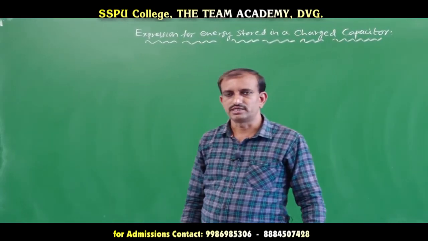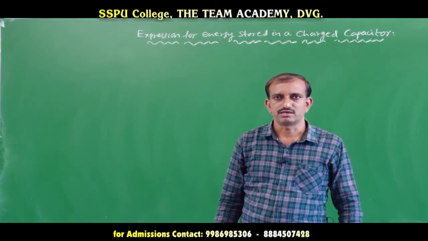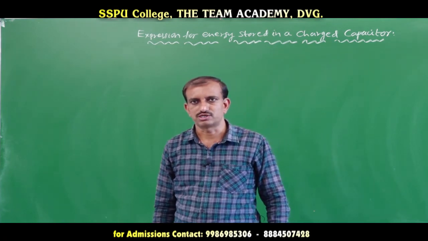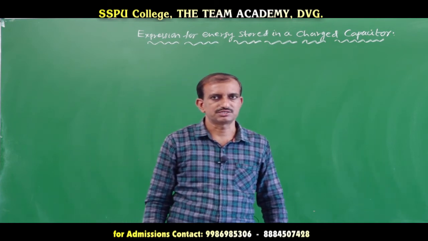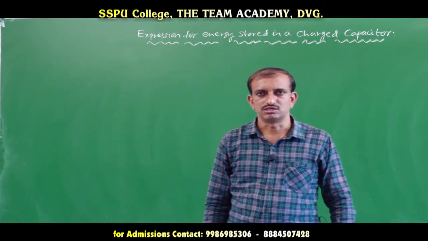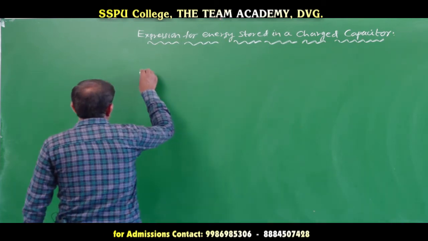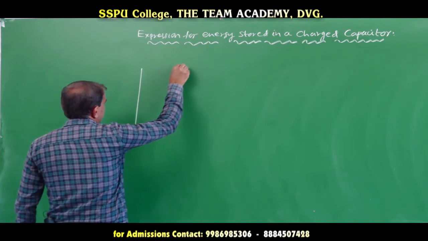Now we are going to study the energy stored in a charged capacitor. When a capacitor is charged, the electrical energy is stored in the form of the potential energy of the capacitor. So, let us find the expression for energy stored in a charged capacitor. Let us consider a capacitor of capacitance C connected to a potential difference of V volt.